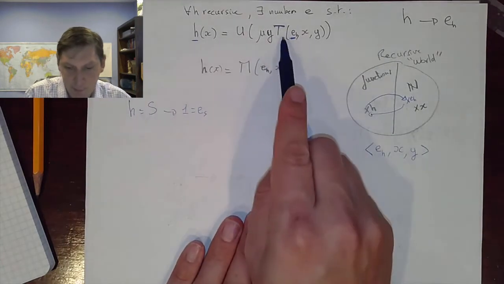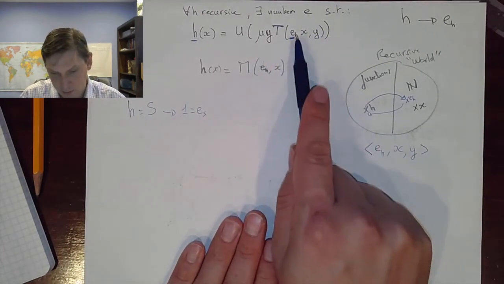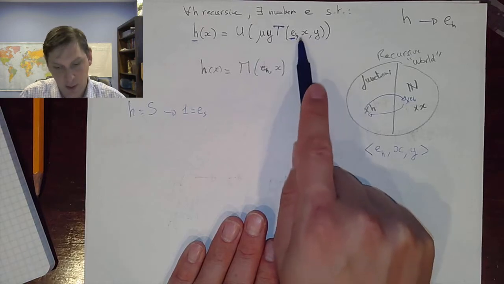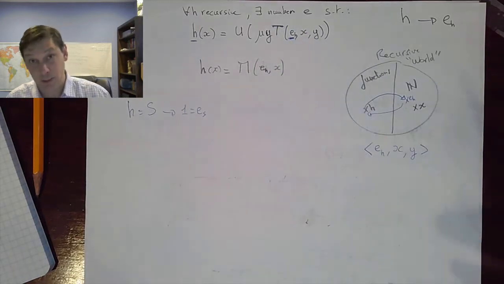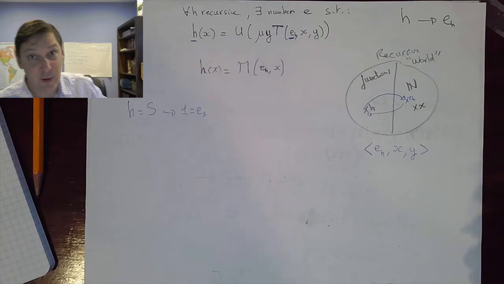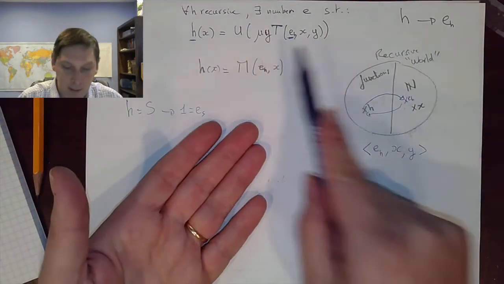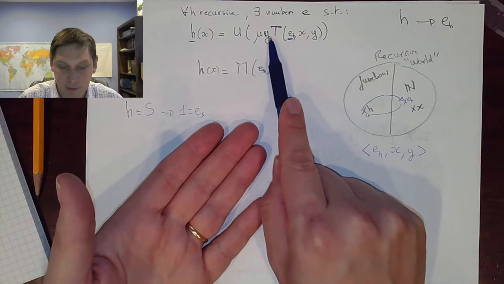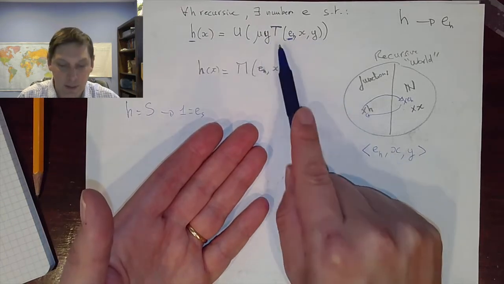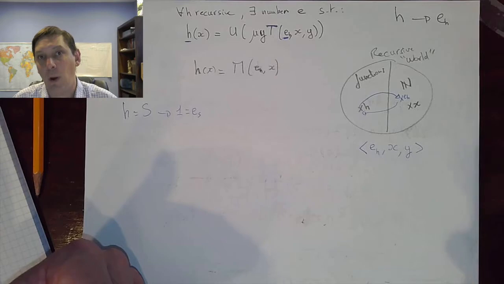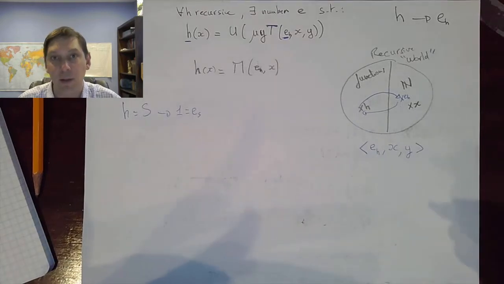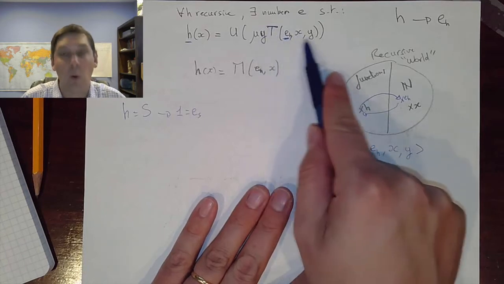So t puts all of these together, and only in certain conditions can these hold. T is actually a recursive predicate, so it takes value 0 or 1. Because it takes value 0 or 1, mu y of t e x y is going to compute the smallest y, the smallest computational tree, such that this holds.